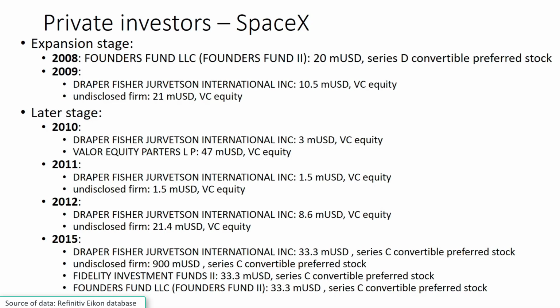And you can see that Founders Fund returned and also invested some money. Still, convertible preferred stock was on their menu. And also we can see that the same amount of money was invested by all these investors, so they are still conservative. There was some big whale here because some undisclosed firm invested nearly $1 billion US in convertible preferred stocks.